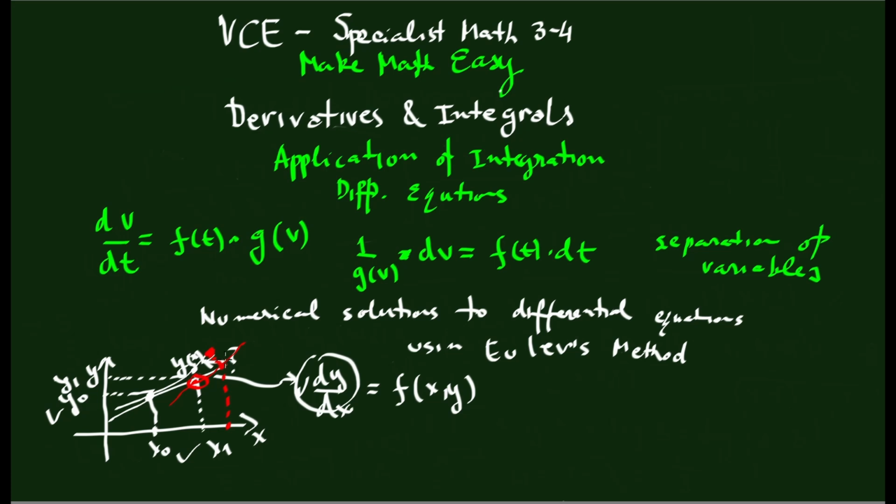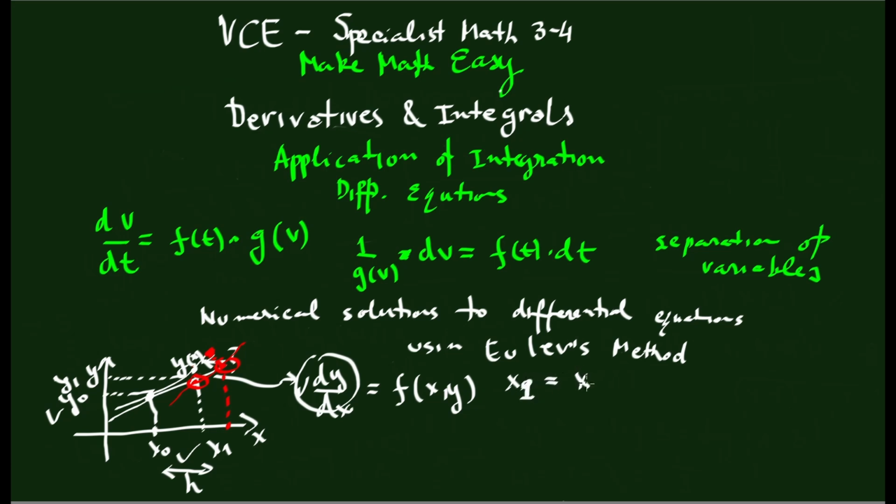So the points approximating the curve, instead of being on the curve, they are on the tangents. So for example, it will be clearer. If you say that point x0 and this increment here we'll call h.